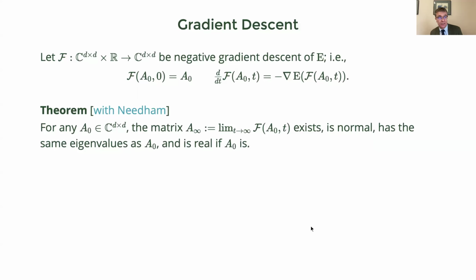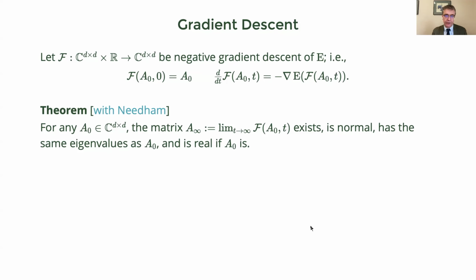And so in a lot of applications where you would like to get from a matrix to a nearby normal matrix, the closest one is actually not one you want, because the problem is real and you don't want to go to a complex matrix, even though that happens to be the closest one. So the fact that you preserve realness and also, in fact, preserve spectrum is a nice feature of this flow.